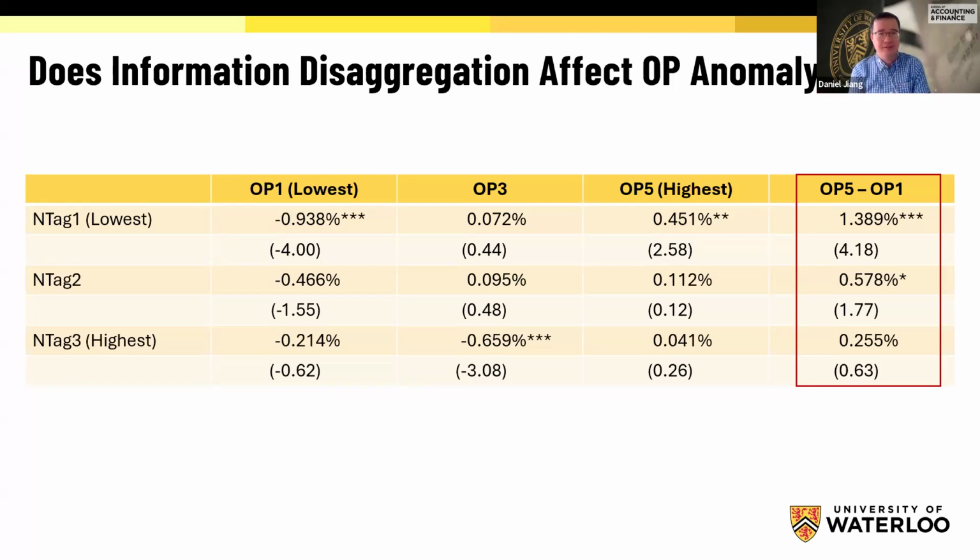Also, I think the rise of new information technology may play a role. I think David Hirshleifer and his co-author recently have a very latest paper examining the impact of those new information technologies, including EDGAR and XBRL, on the mispricing of a lot of accounting-based anomalies.